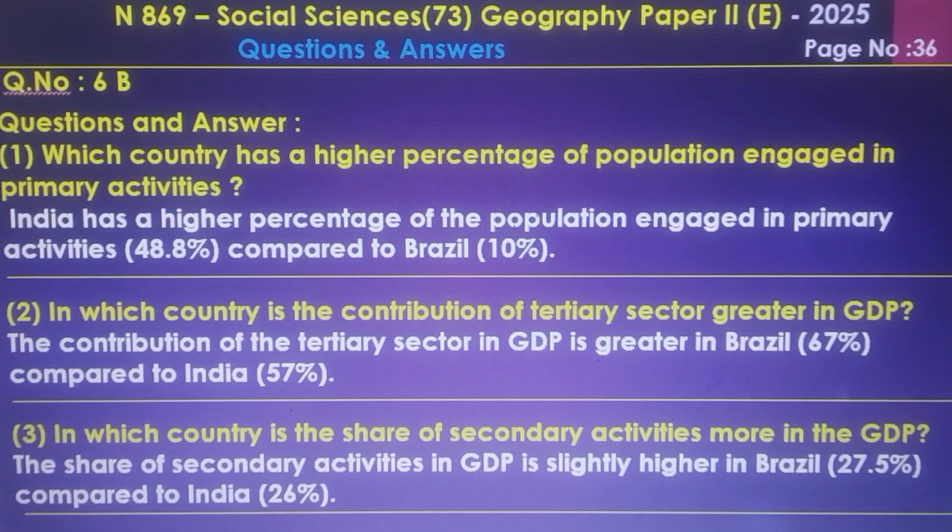The contribution of the tertiary sector in GDP is greater in Brazil, 67% compared to India's 57%. Question number 3, in which country is the share of secondary activities more in the GDP? The share of secondary activities in GDP is slightly higher in Brazil, 27.5% compared to India's 26%.